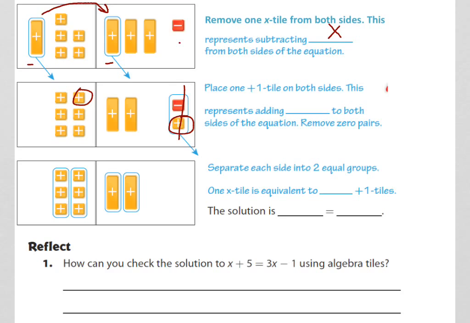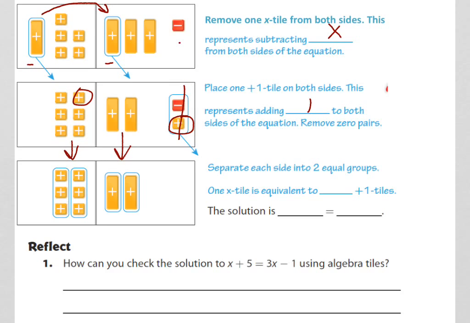So here, placing one number tile on both sides is the same thing as adding 1 to both sides of the equation. And again, I'm removing a zero pair. Okay, so what I'm left with here is 2 x's. They come straight down. So I have 2 x's, and the 6 1's come down. 2, 4, 6.